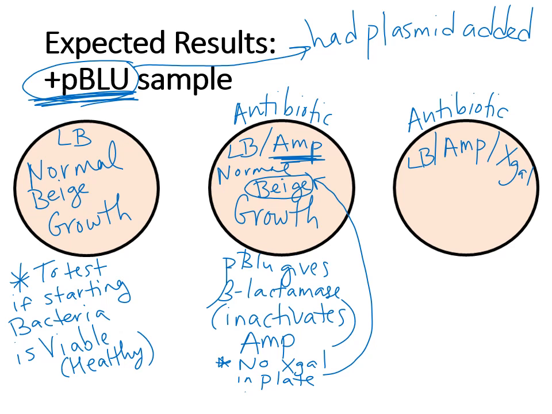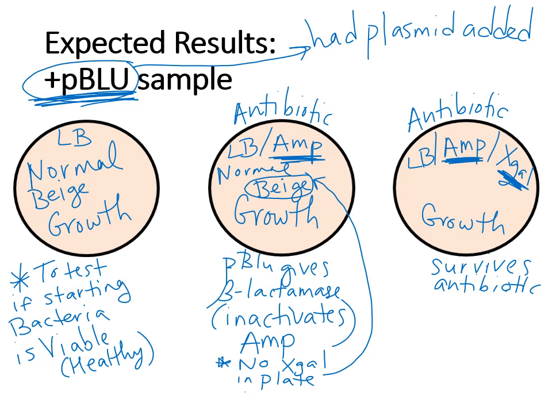Okay, then you have the last plate, which is most important because it has ampicillin and XGAL. So yes, with the plasmid you expect growth because the pBlue allows it to survive the antibiotic, for the same reasons that we wrote in the second one on this page, okay?